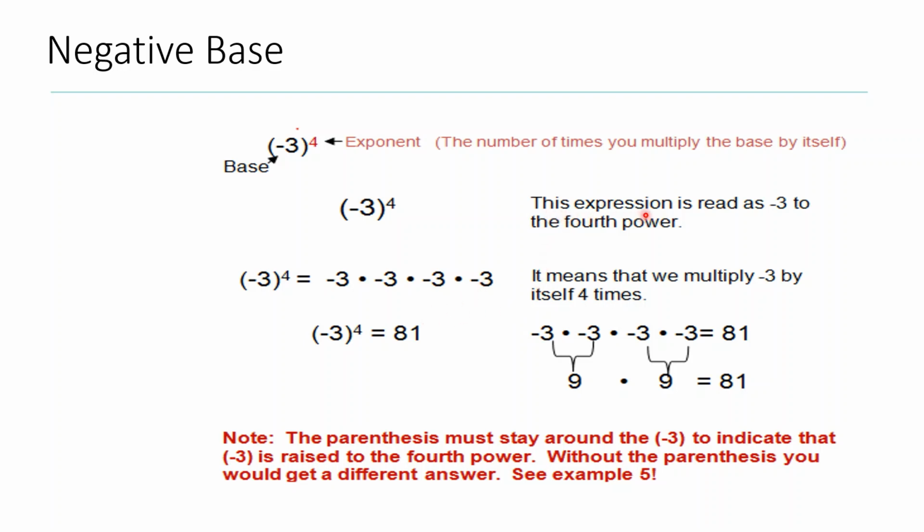All right, this expression is read as negative 3 to the fourth power. It means that we are multiplying negative 3 by itself 4 different times. The parentheses must stay around the negative 3 to indicate that negative 3 is raised to the fourth power. Without the parentheses, you would get a different answer.